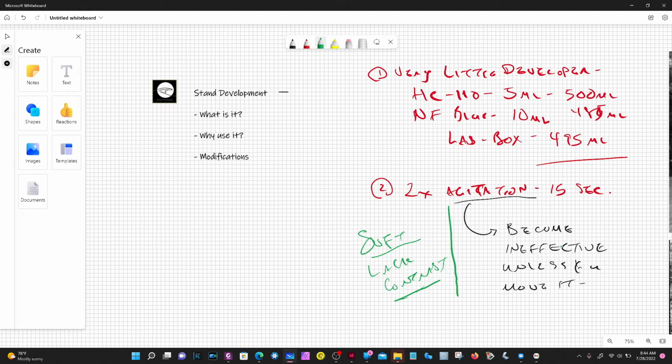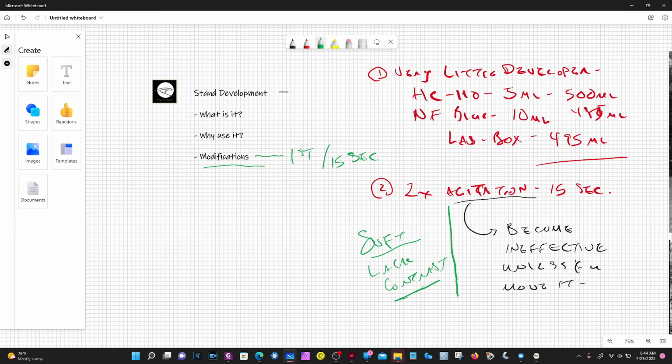So I modified it, and this takes us to this point, where I rotated or agitated the first minute and then 15 seconds every minute thereafter. And as you'll see momentarily, the images are really nice.